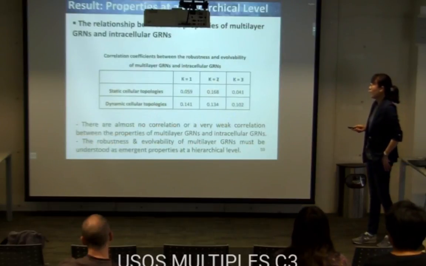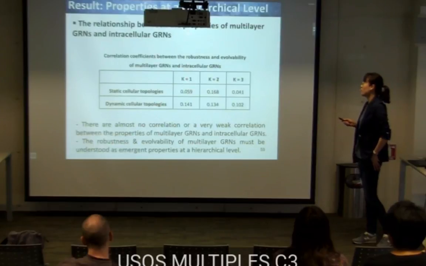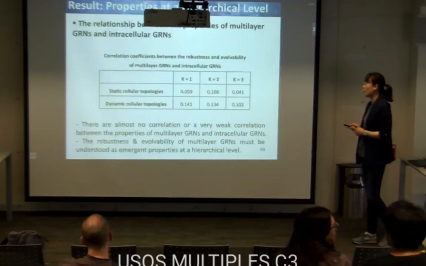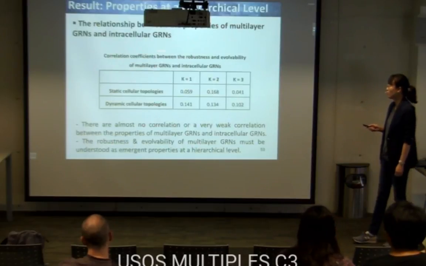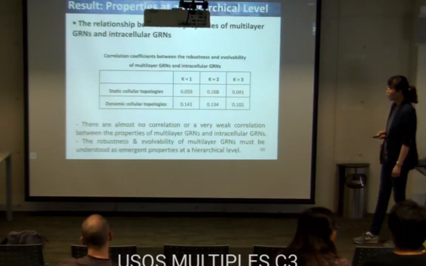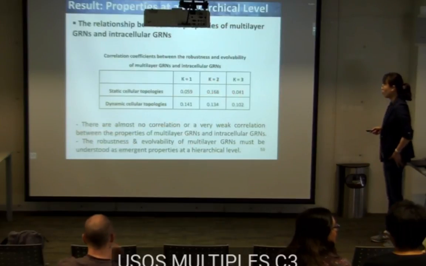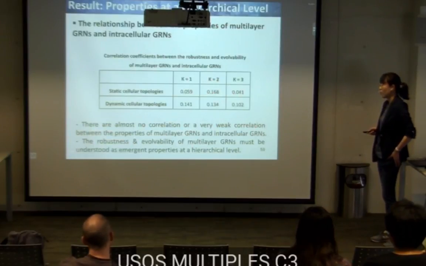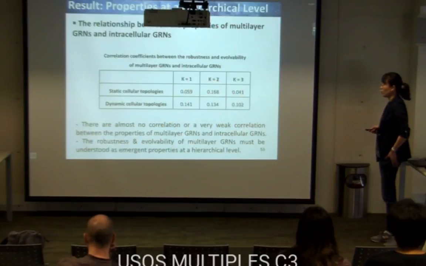To investigate the relationship between properties of multi-layer GRNs and intracellular GRNs, we calculated correlation coefficients. All the values were smaller than 0.17. So it means there is almost no correlation, or a very weak correlation, between the properties of multi-layer GRNs and intracellular GRNs.